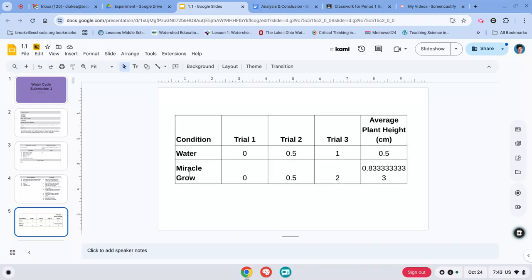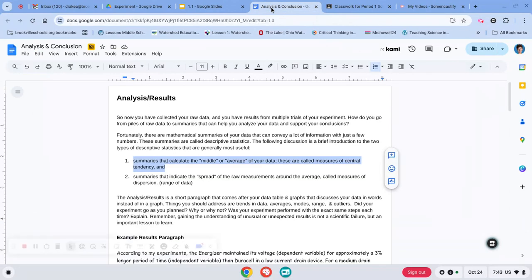So you can give me a sentence that says the average plant height for water was, the average plant height for Miracle-Gro was. So if you're doing evaporation and you're comparing light versus no light, you can say the average amount of water that evaporated when we had it in the light was, and the average amount of water that evaporated when there was no light was. So we can give a sentence or two about the average, okay?